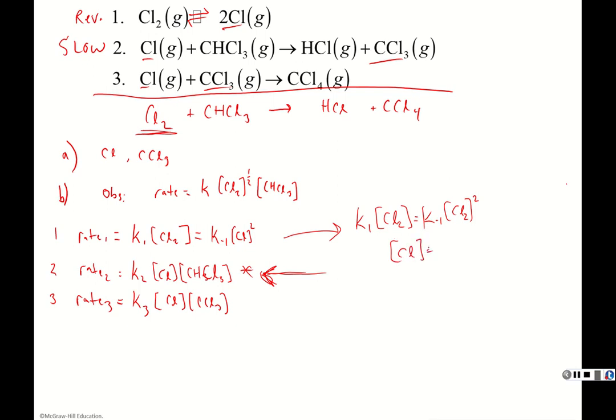So solving that for Cl would be the square root of k1 over k minus 1 times Cl2. Sorry, this is Cl, not Cl2.